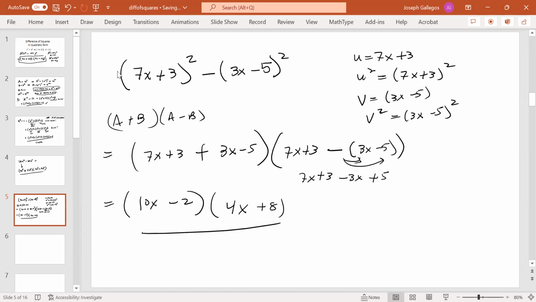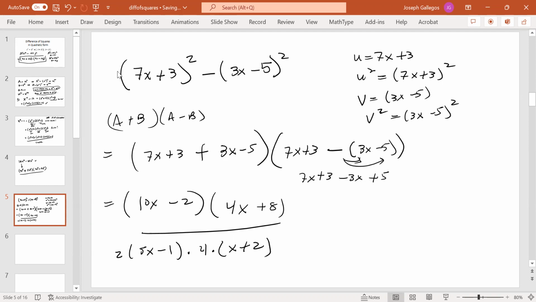And technically, we can do some more factoring. There's a greatest common factor of 2 in the first set of parentheses, and a greatest common factor of 4 in the second set of parentheses. And so if I take that 2 out, in the first set, we would have 5x minus 1. And taking that 4 out in the second set, we have x plus 2.